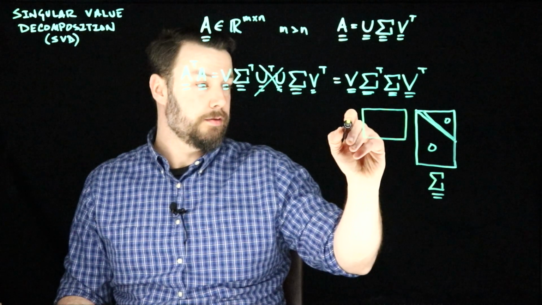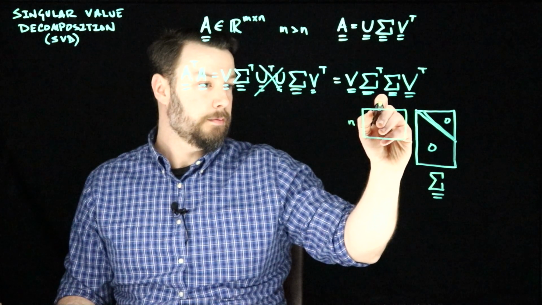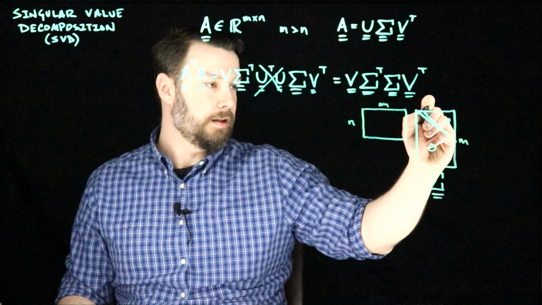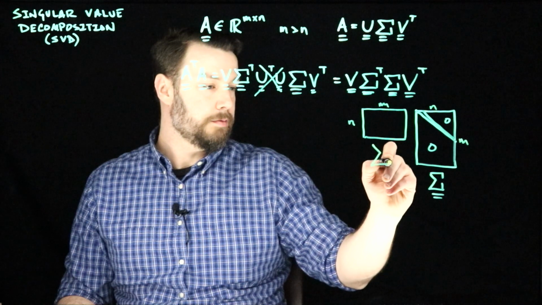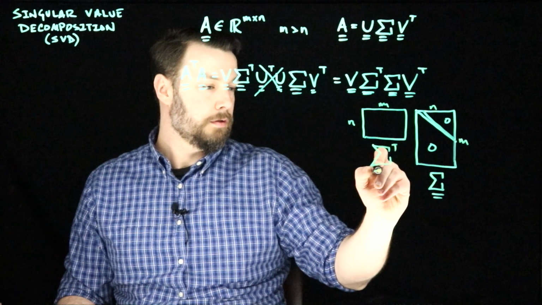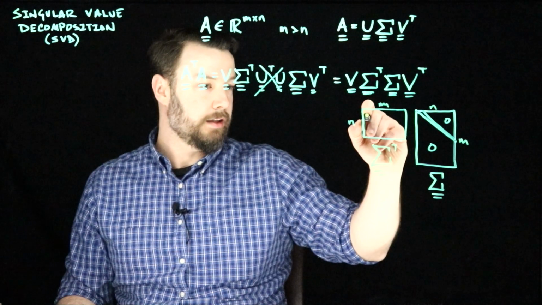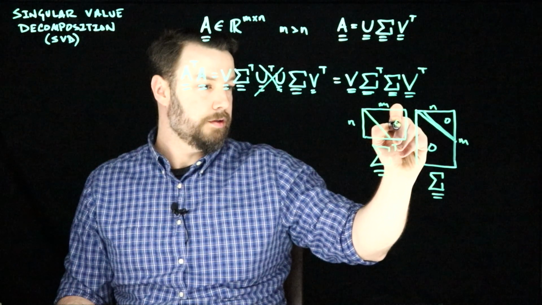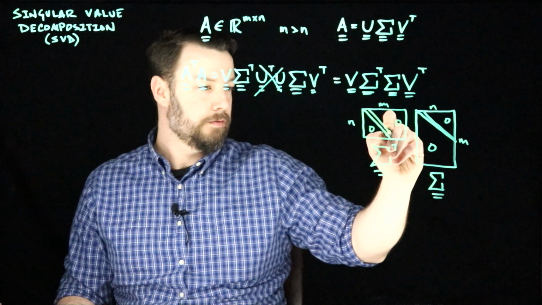Just to remind you, this is N by M, and this is M by N. This is sigma transpose, and that diagonal is like this with zeros out here and zeros there.